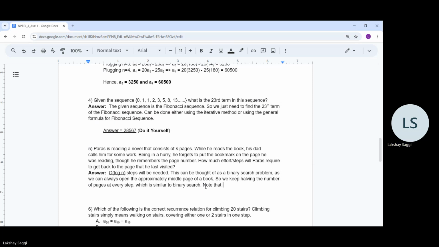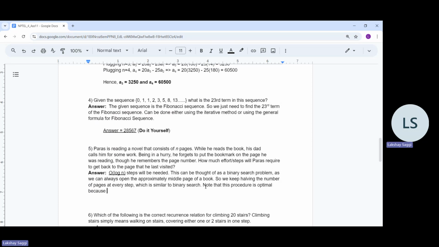Note that this procedure is optimal because searching always takes at least order log n steps.